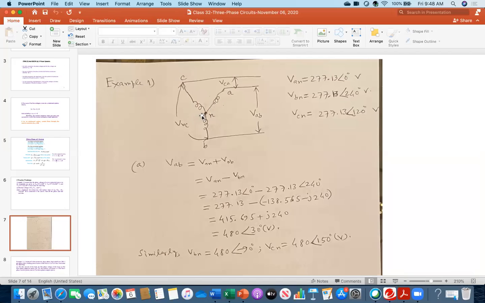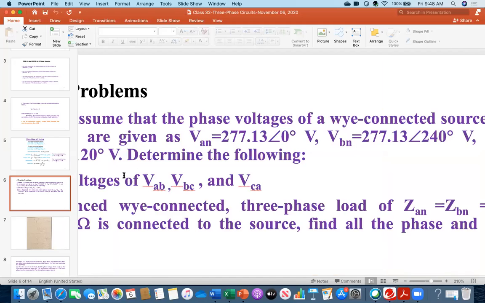And everybody look, the common point I have designated N. N means that is the neutral. And here I have labeled the coil voltages: when you are measuring the voltage across this coil or this coil or this coil, it is VAN or VBN, VCN. Those values are given here.